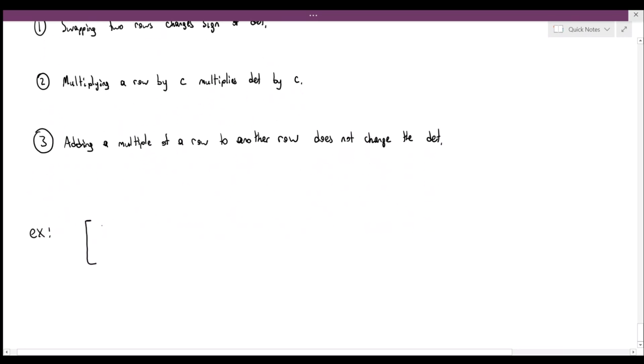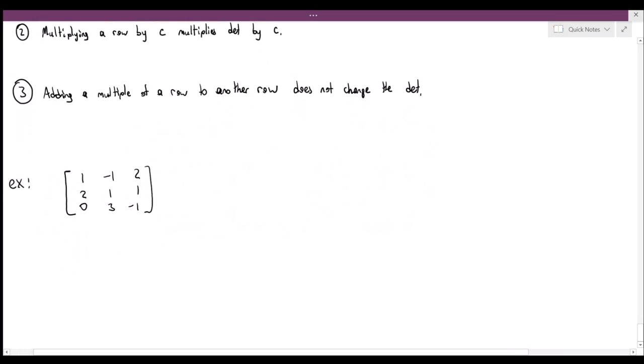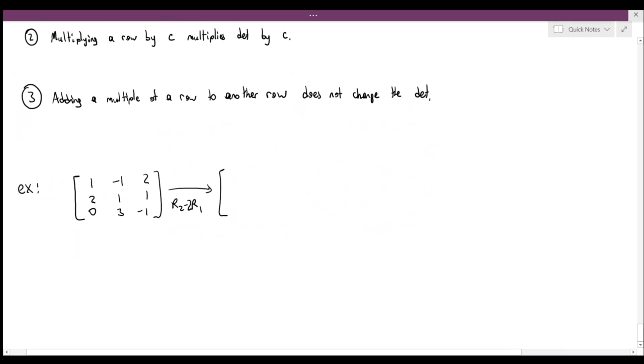let me take, again, just that same 3x3 matrix that we had earlier. Let's say I were to perform a row operation right now. Let's say I do row 2 minus 2 times row 1 to eliminate this 2.